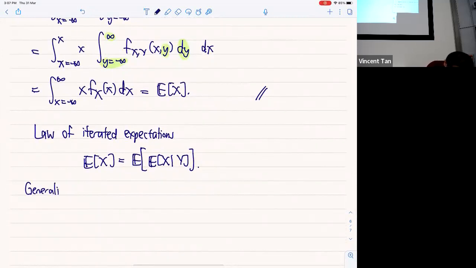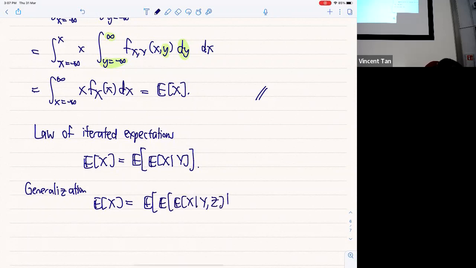Generalization: the expectation value of x can be written by conditioning on y and z, like this. You don't need to know this; it is a little bit involved. But this is an expectation because we are conditioning on two things. Here we are fixing a z. This part here is another.